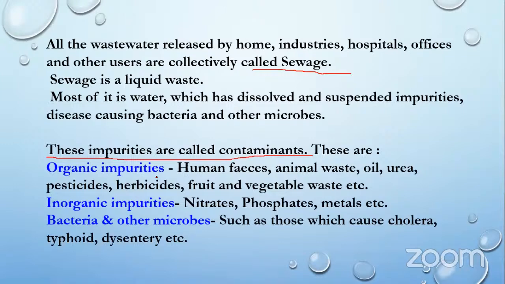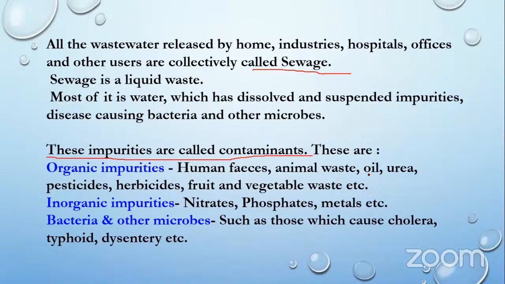Organic impurities means what? Human feces, animal waste, and also oil, urea. There is oil: if you wash vessels in the kitchen, oily water becomes oil, no? That also will go into the drainage.